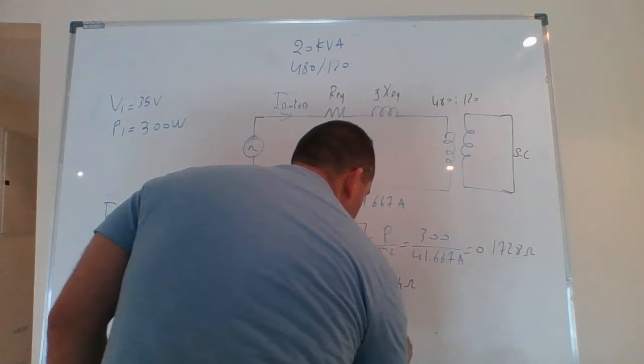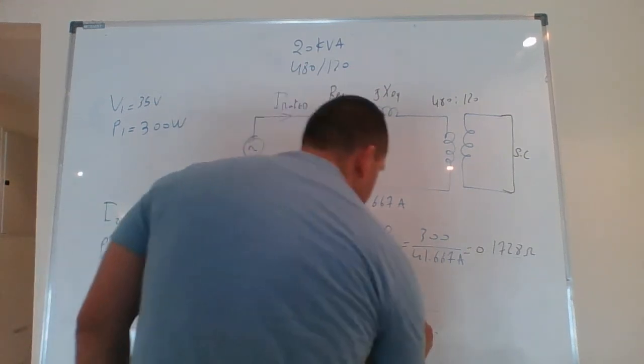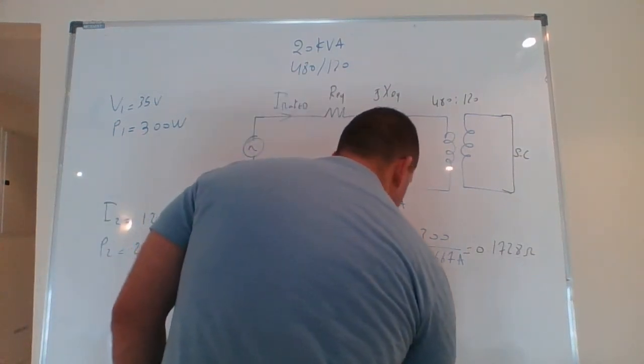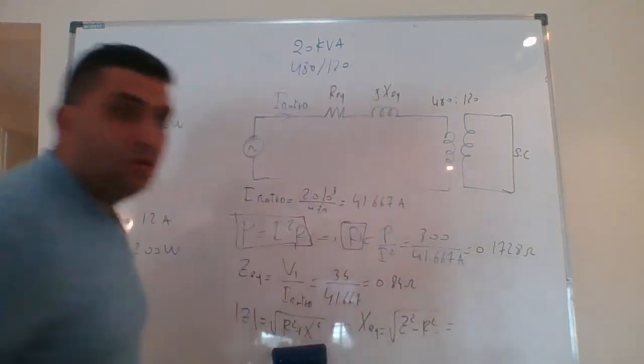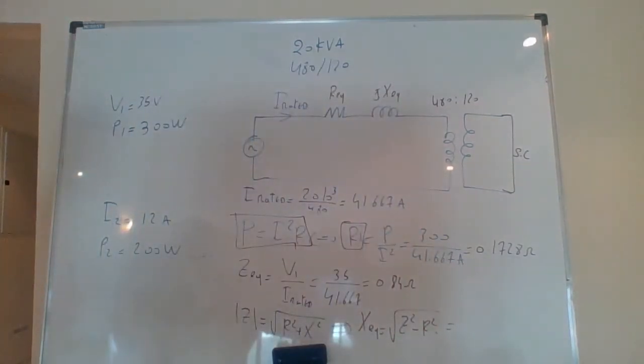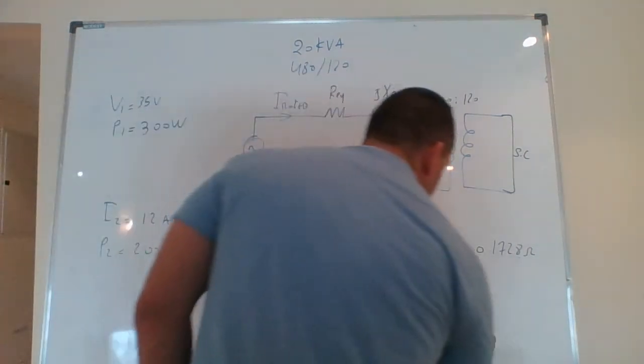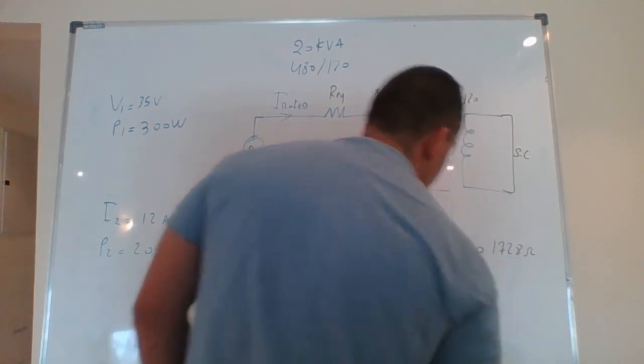X equivalent is the square root of Z squared minus R squared, and the answer will be 0.822 ohm.